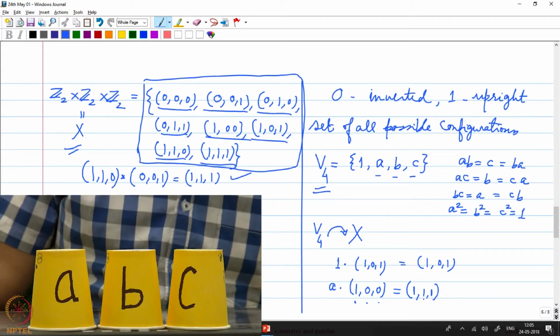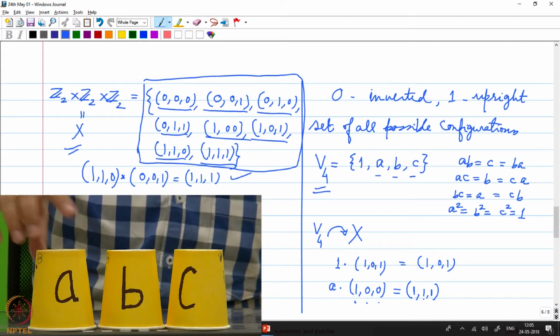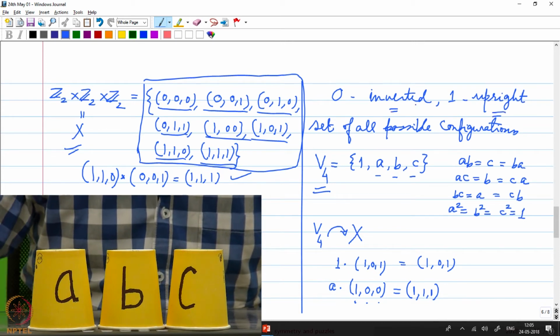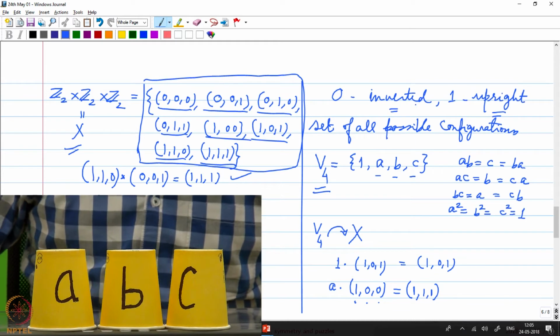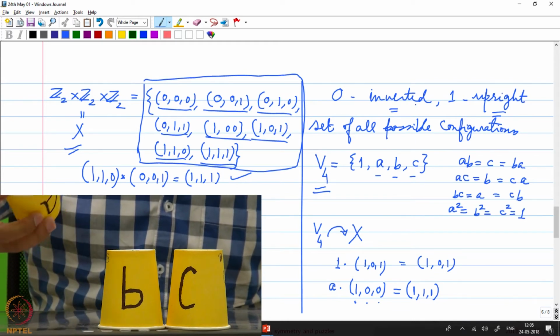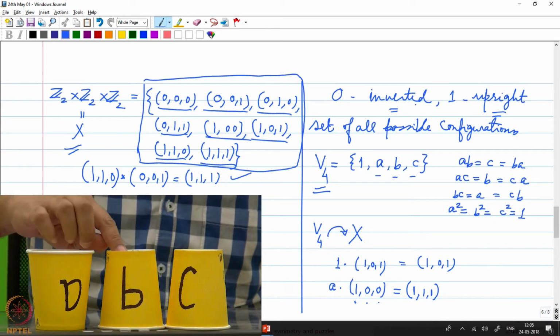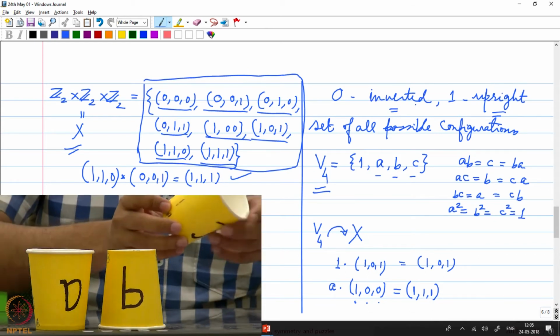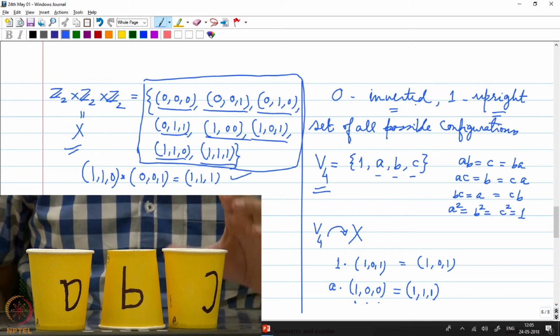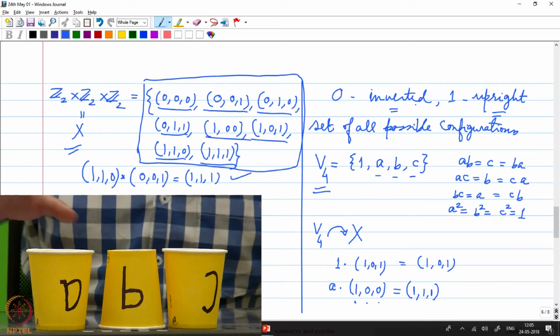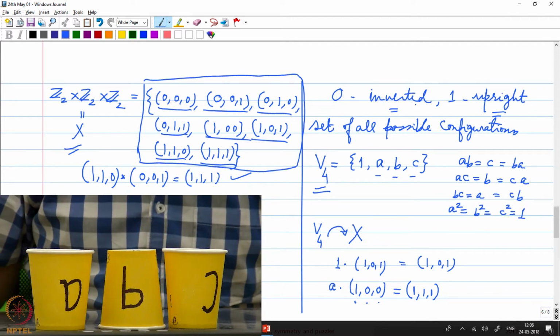So 1 is the upright position, 0 is the inverted position. So if A is 1 and B is 0 and C is 1, then identity is not doing anything to it.